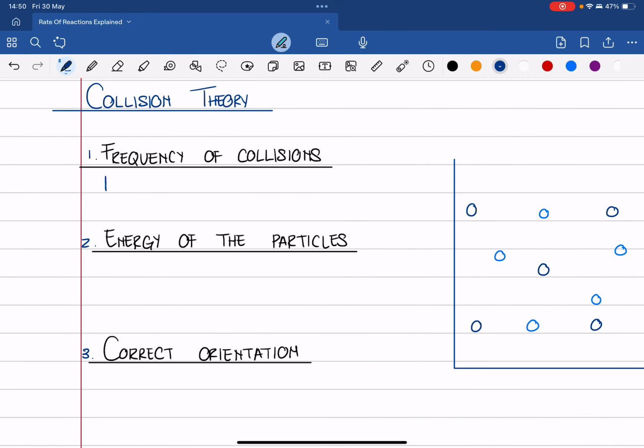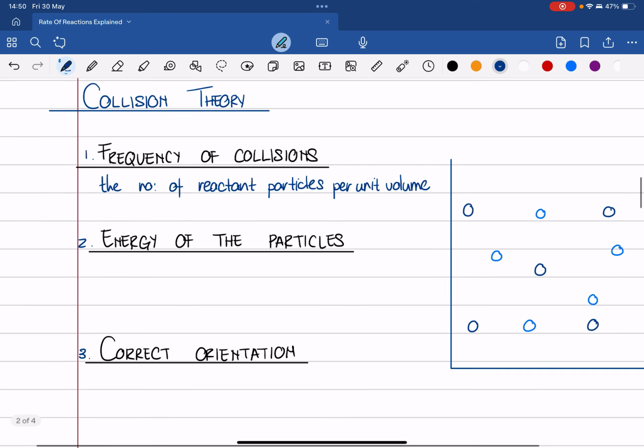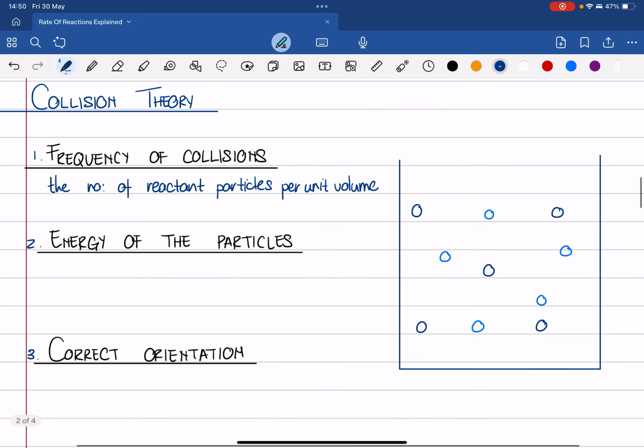So the number of reactant particles per unit volume. Okay, so how often the particles collide is dependent on how many particles you have.